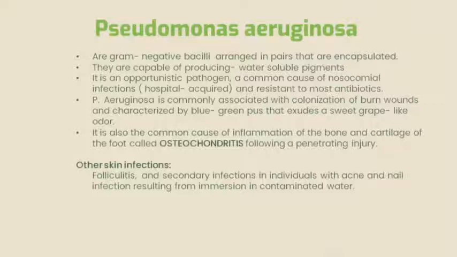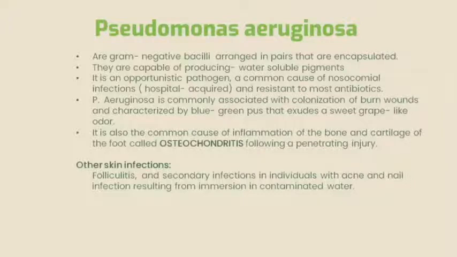They are gram-negative bacilli arranged in pairs that are encapsulated. They are capable of producing water-soluble pigment. It is an opportunistic pathogen, a common cause of nosocomial or hospital-acquired infections, and resistant to most antibiotics. It is commonly associated with colonization of burn wounds and characterized by blue-green pus and exudes a sweet grape-like odor.